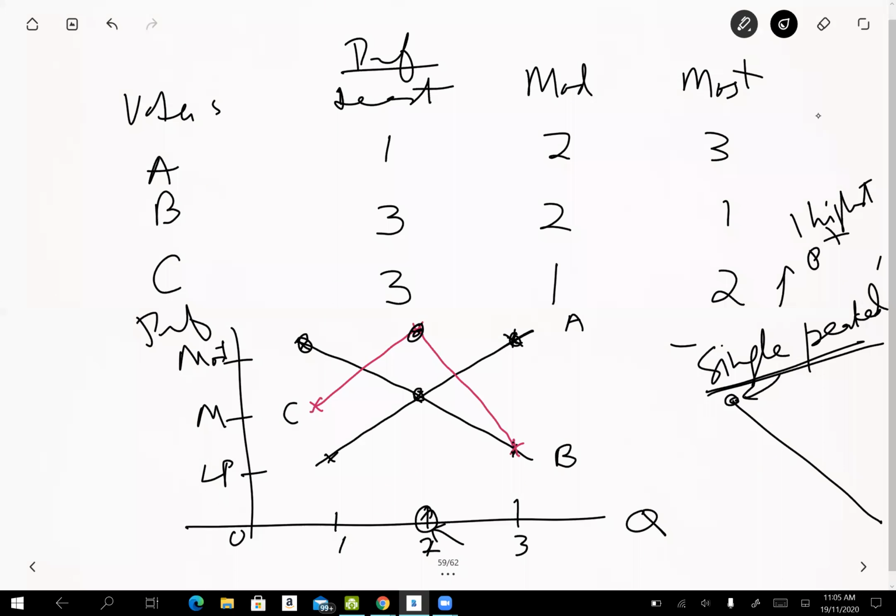So here the 2 will win the election. So you have here the outcome, Q equal to 2. Now you look at that Q equal to 2. What is the characteristic of that Q equal to 2 relative to the voters?